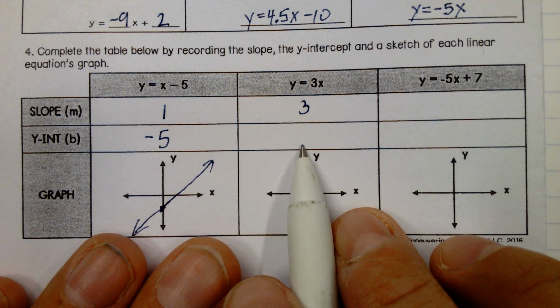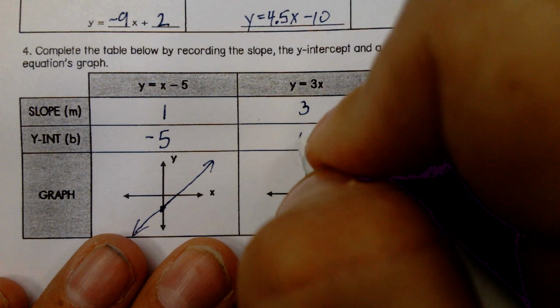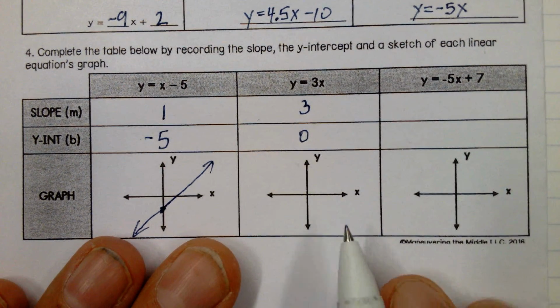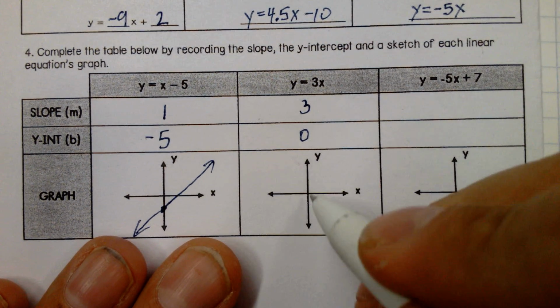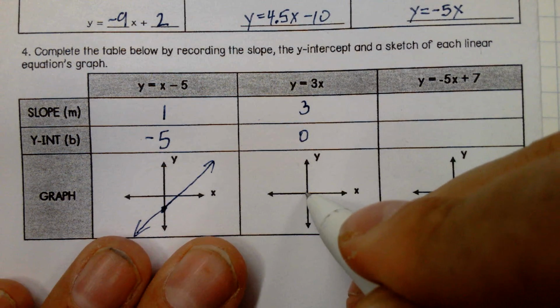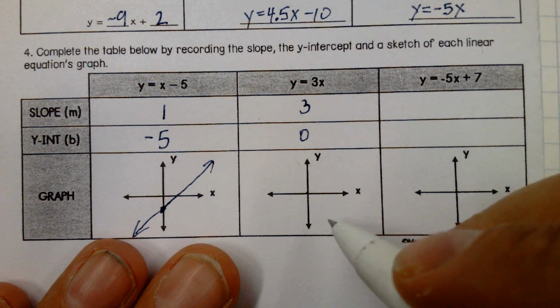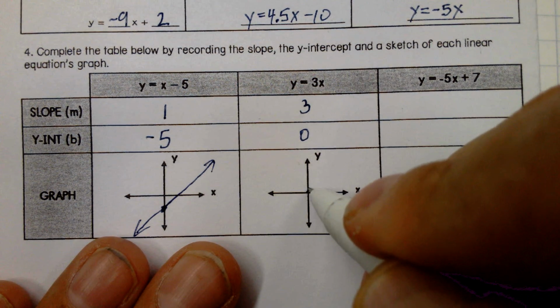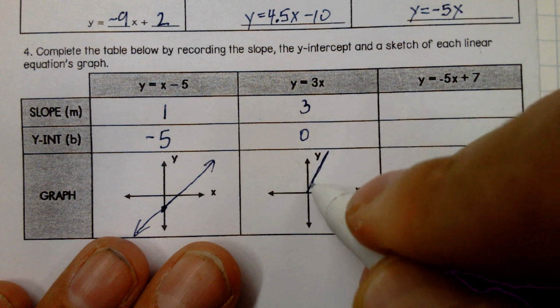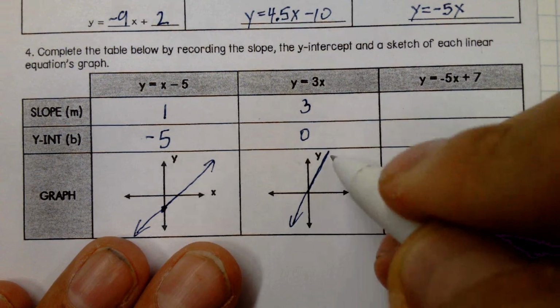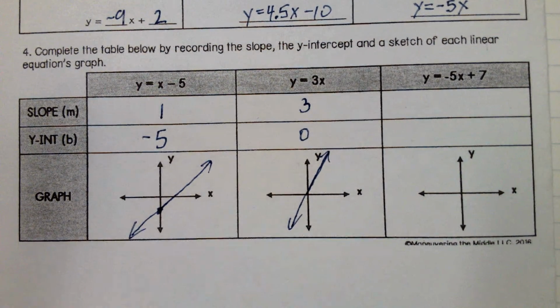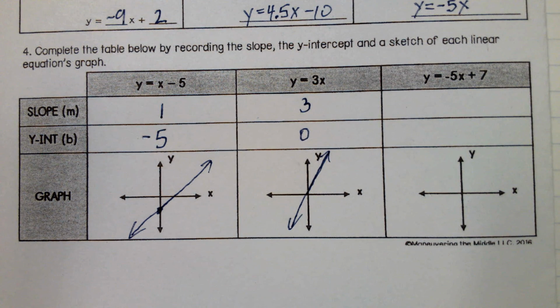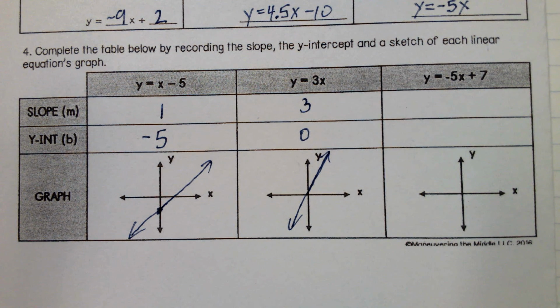Gabriel. 0. So where is this line going to cross? The origin, at 0, right? And how is my line going to look? Uphill, downhill? Uphill. Since the slope is 3, actually even kind of steep. But I'll just make it something like that. The line should look something like that. Okay? All right. Very good.